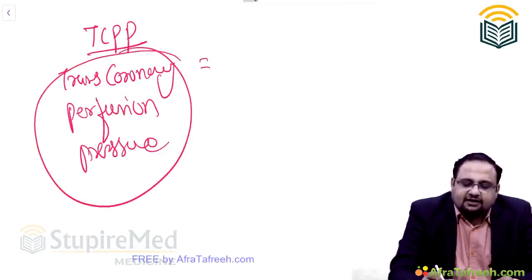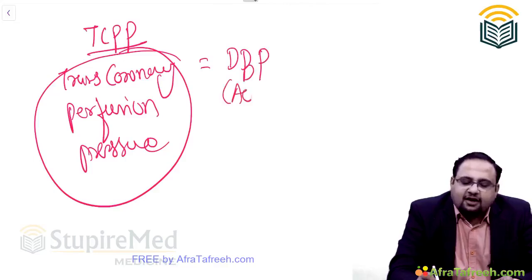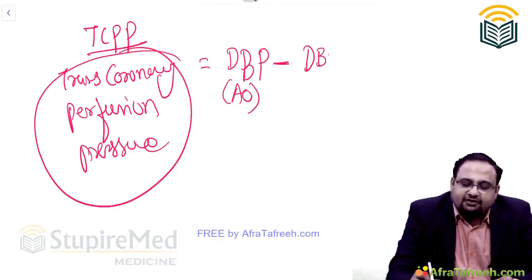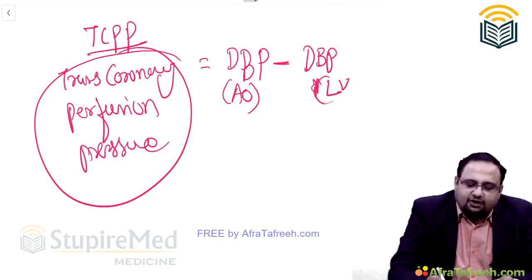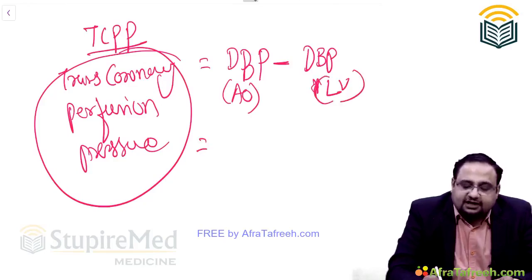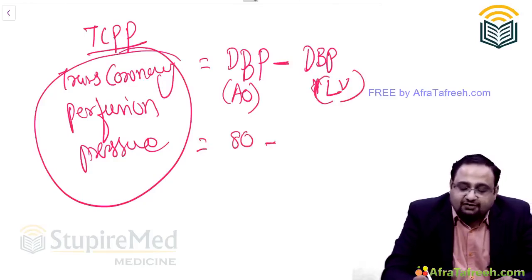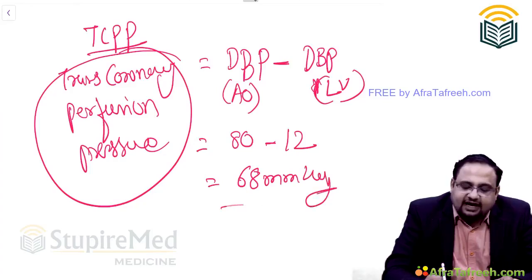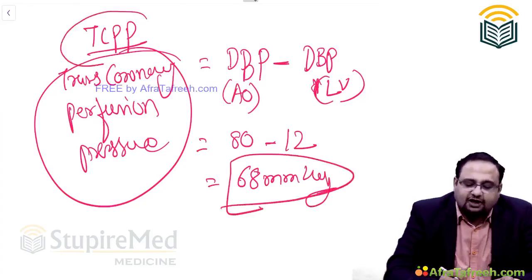It is the difference of diastolic blood pressure of the aorta versus diastolic blood pressure of the left ventricle. We know that diastolic blood pressure normal in the aorta is 80, while diastolic blood pressure of the left ventricle is maximum 12. So around 68 mm of Hg is the diastolic perfusion pressure of the coronary.